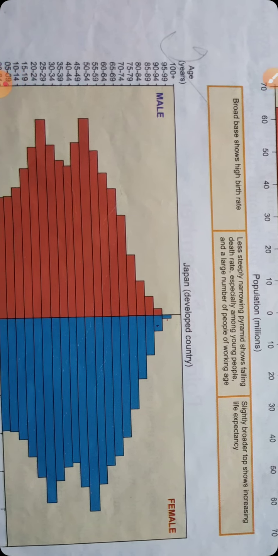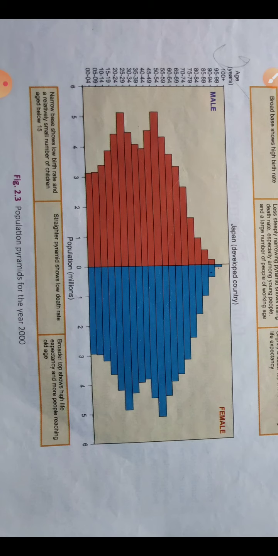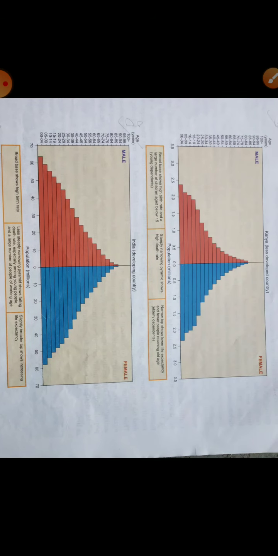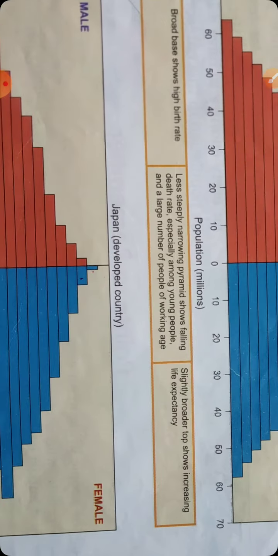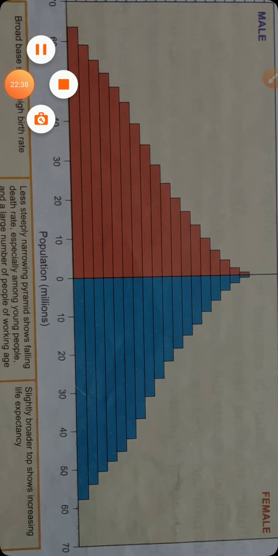The young population is more, and this young population is the resource for doing work because they are able to maintain their population. The country has good medical facilities and education, and because of this, these three graphs are different. The India graph is an important one, so you have to observe it very carefully.